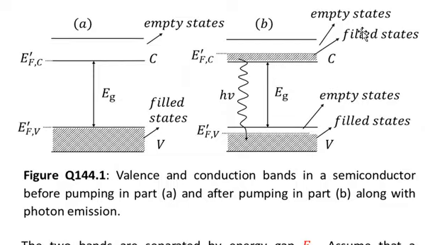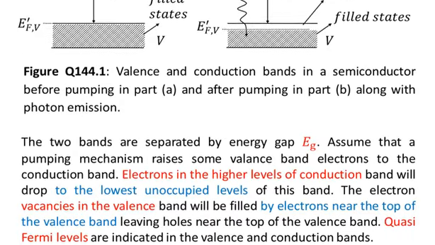So you see that in this condition, when an electron moves from the conduction band to the valence band, that electron combines with the hole there, and a quanta of light is generated. This is the ongoing mechanism as far as LEDs, light emitting diodes, are concerned.